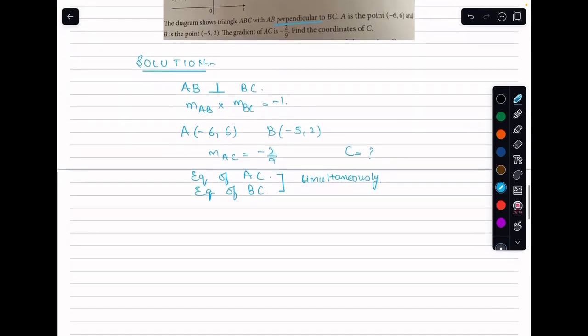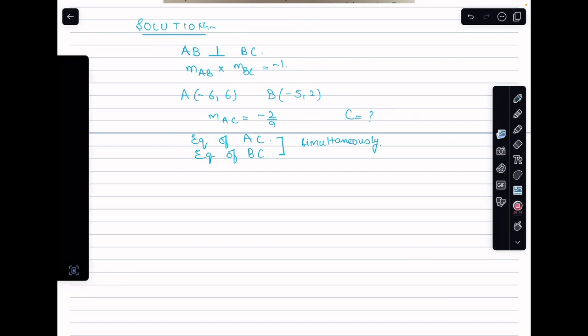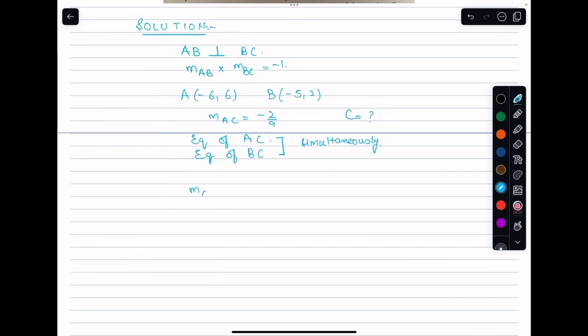So let's start getting the values. AB is perpendicular to BC, and as discussed earlier, gradient of AB times gradient of BC will be equal to negative 1. So I can get the gradient of AB by using the coordinates of A and B.